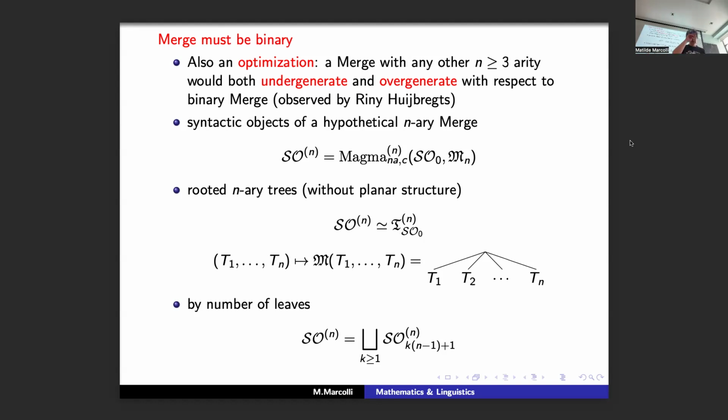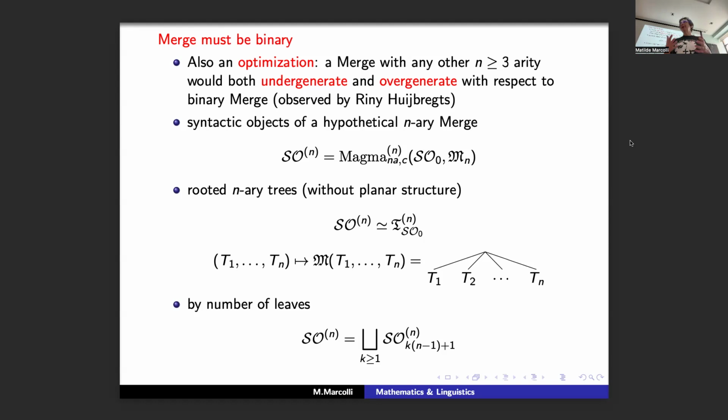This was already observed in empirical terms by looking at examples of structures generated by a hypothetical ternary merge: if you start generating structures with ternary merges, it both under-generates and over-generates with respect to the binary merge. Under-generates means that there are certain structures that you want to have, and that will not be possible to obtain with a ternary merge. And over-generates means that it will certainly generate things that you don't want to have.